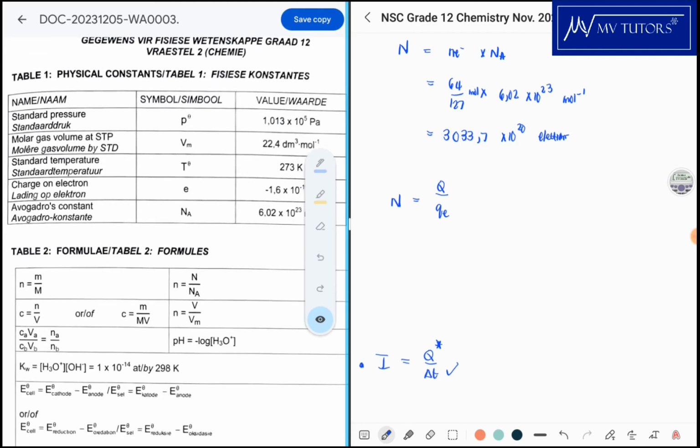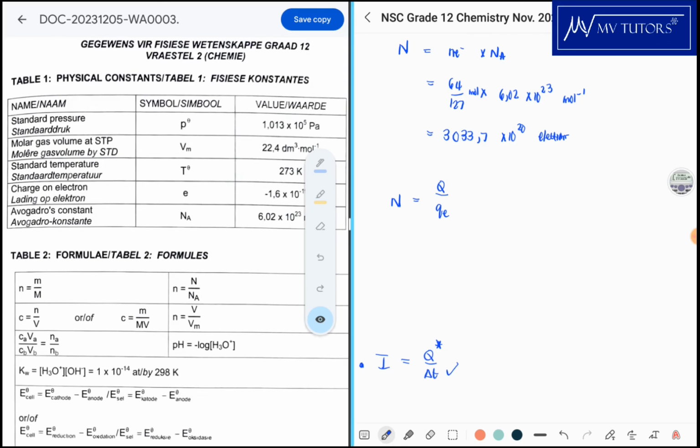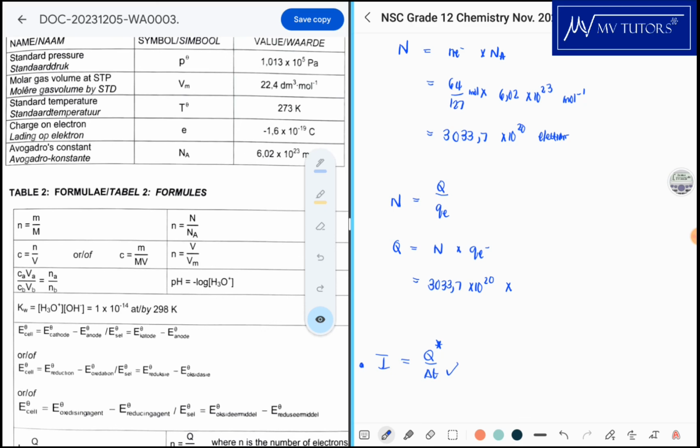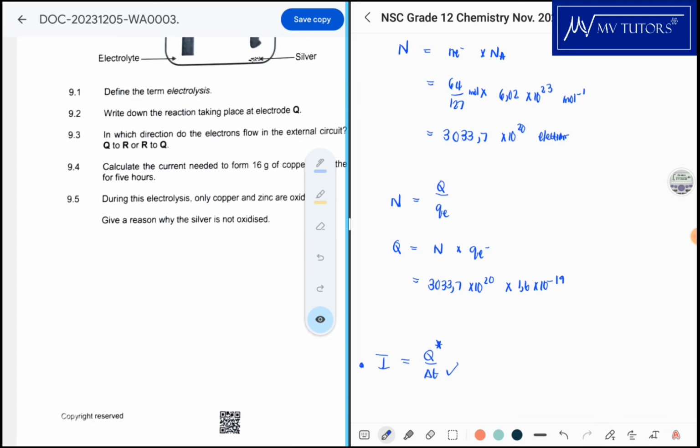So charge will be equal to the number of electrons times the charge of an electron. So we have 3033,7 times 10 to the 20, multiplied by the charge of an electron, which is 1,6 times 10 to the negative 19. Let's go back up again.